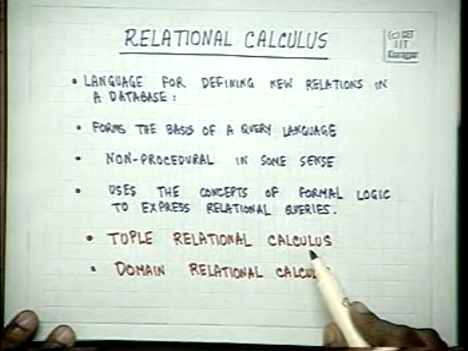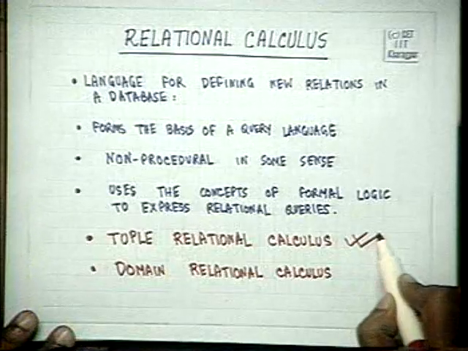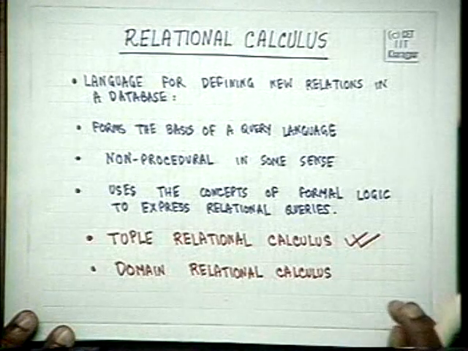They are similar to a large extent and differ in some syntactic and methodological, definitional differences amongst themselves. Otherwise, they follow the same basic philosophy, and we will discuss today the tuple relational calculus.